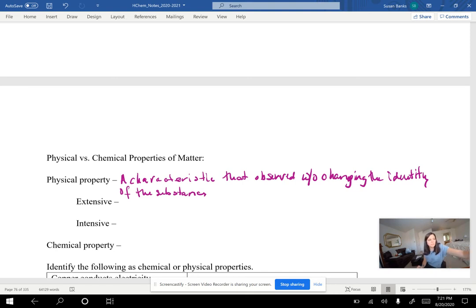There are two different types of physical properties, extensive and intensive. Extensive properties do depend on how much material we have.